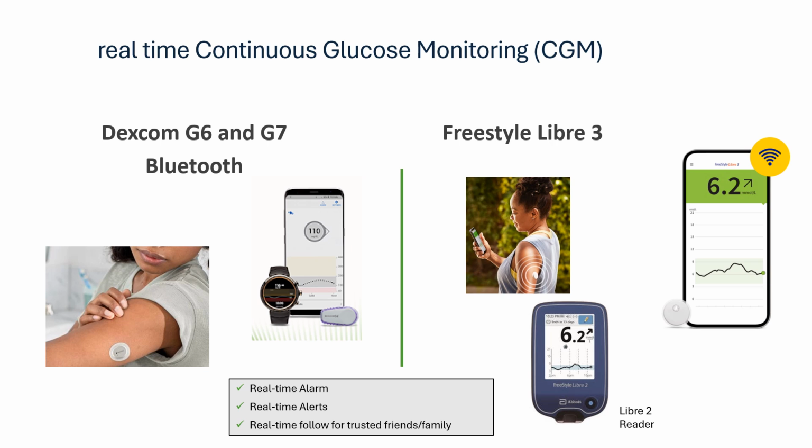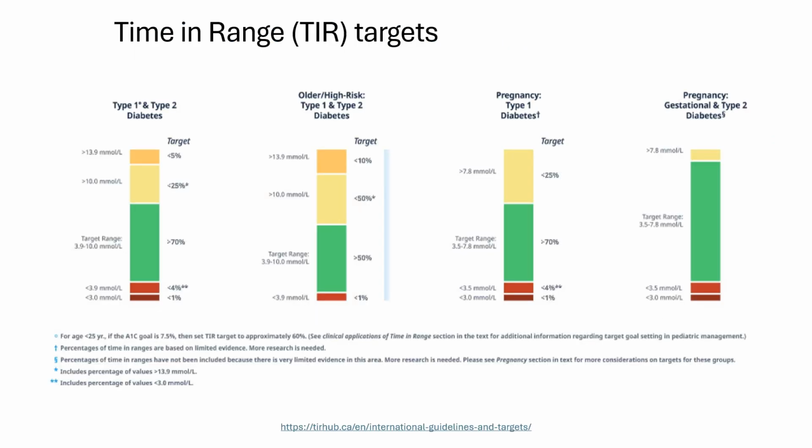They have real-time alarms, real-time alerts, and real-time following for family members or trusted caregivers. And then the Freestyle Libre 3 Plus actually is a 15-day wear time, and that is very small, it's almost the size of 2 pennies, if you remember what a penny is. They're the smallest available CGM on the market.